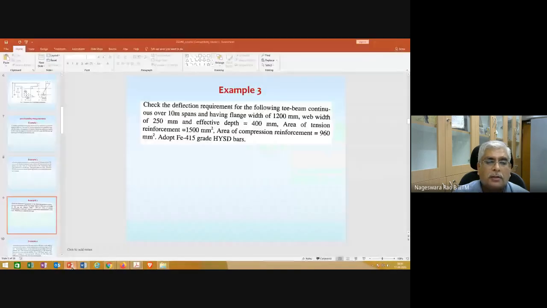What is BW? BW is given as 250 and BF is given as 1200. You find that ratio and read the reduction factor.